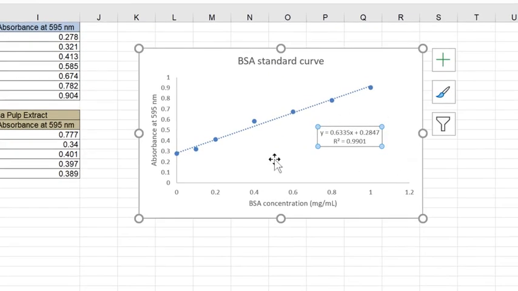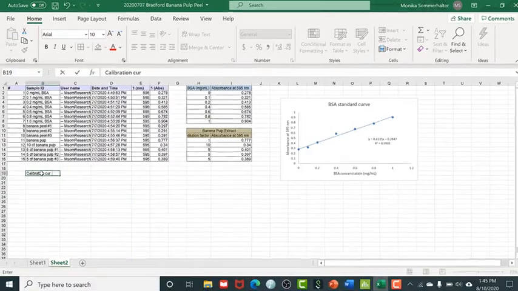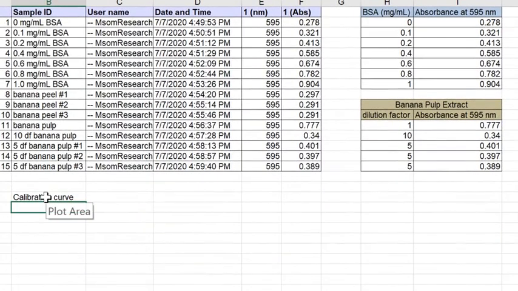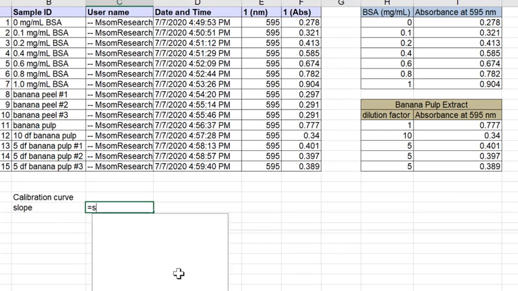Another way to get to the slope and the y-intercept of this standard curve is to use some functions in Excel. So, for example, for the slope, I can use the function equals SLOPE.